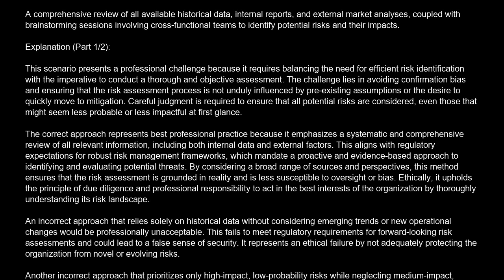An incorrect approach that relies solely on historical data without considering emerging trends or new operational changes would be professionally unacceptable. This fails to meet regulatory requirements for forward-looking risk assessments and could lead to a false sense of security. It represents an ethical failure by not adequately protecting the organization from novel or evolving risks.